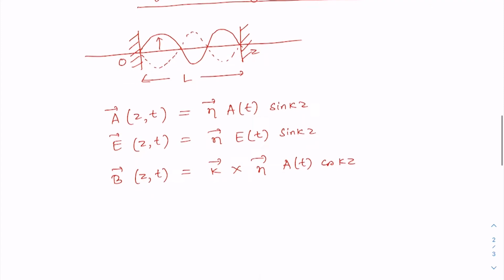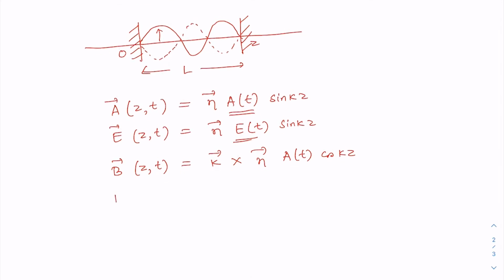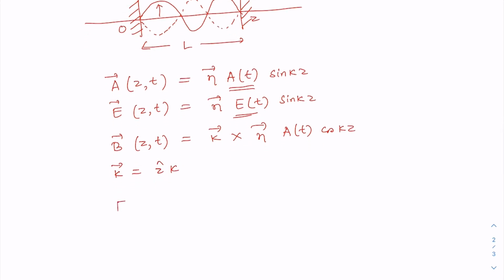So this defines the standing wave inside this mirror, two mirrors, and A(t) and E(t) are real quantities, real field amplitudes, and k is the wave vector along the z direction, and the boundary condition imposed by the mirrors leads us to the electric field at 0 and the electric field at the other end of the mirror, that is at L, it has to be 0.